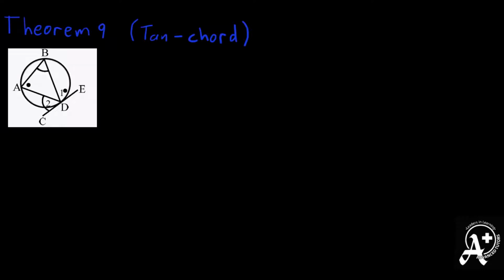Theorem 9 states that the angle between a tangent to a circle and a chord drawn from the point of contact is equal to an angle in the alternate segment.